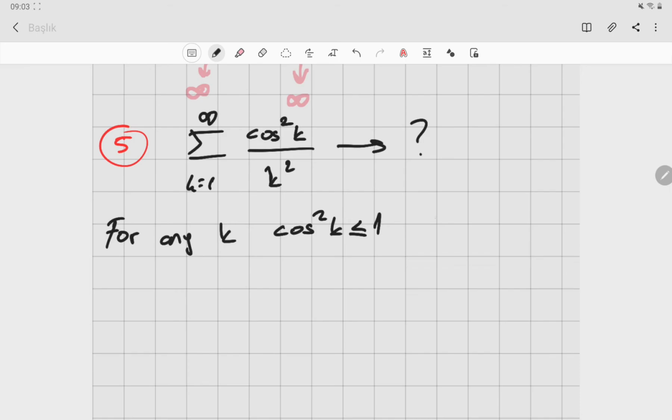Then we may write here over k cubed, and this one is a general term of a harmonic series, and p equals 3.